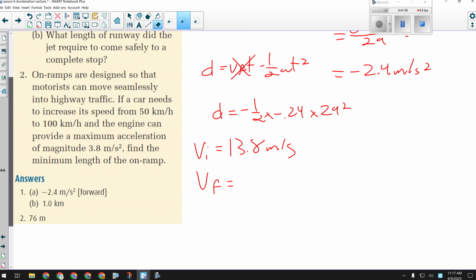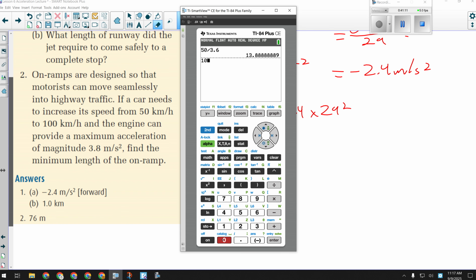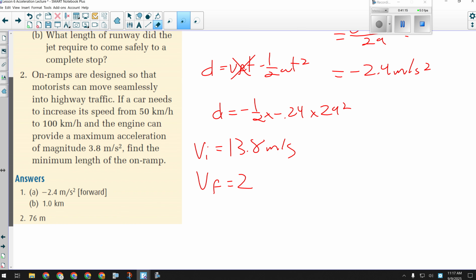To 100 kilometers per hour, so 100 divided by 3.6, 27.7 repeating meters per second. And the magnitude of the acceleration, and this is on average, on most ramps it's downhill, so you get a gravity assist there, is 3.8 meters per second squared. What's the minimum length of the on-ramp?